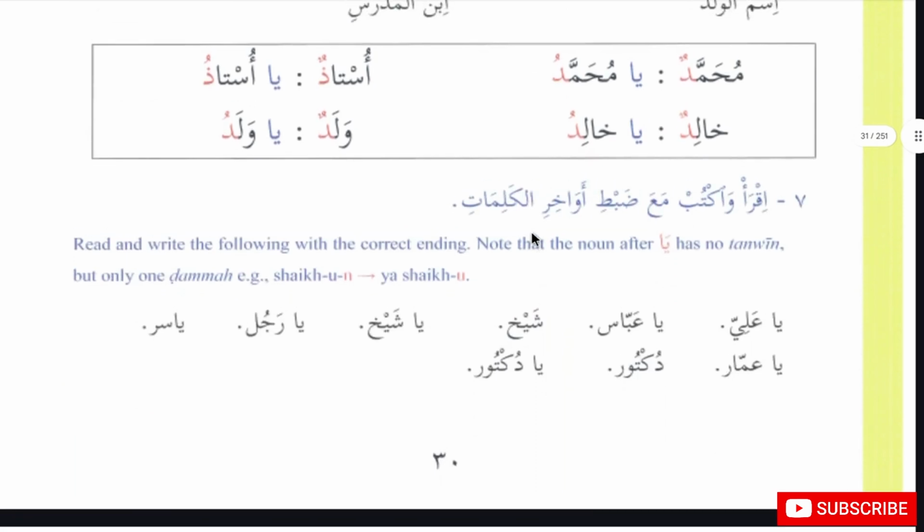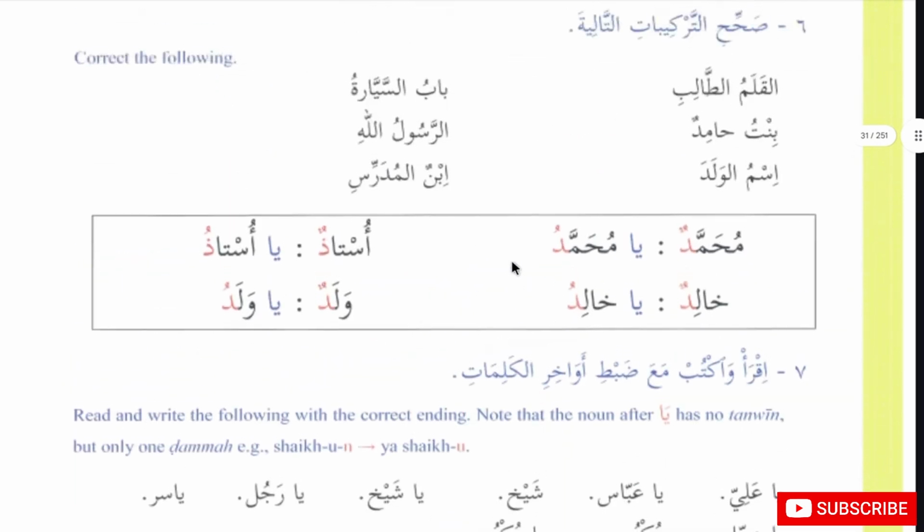Now, one more thing in Arabic is this way of saying "oh." So you say ya, so Muhammadun becomes ya Muhammadu. Khalidun, ya Khalidu, because it becomes definite. You know which Khalid or which Muhammad you're calling to.